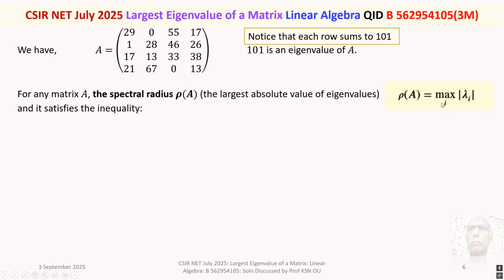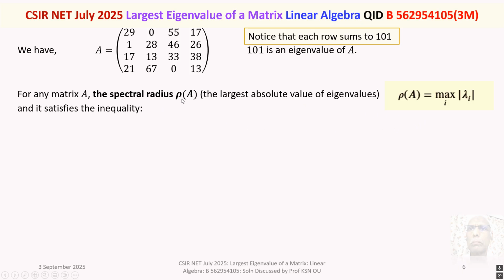That means take all its eigenvalues, take the absolute values of all the eigenvalues, that is mod lambda 1, mod lambda 2, mod lambda 3, mod lambda 4, and take the maximum of all these. That is the spectral radius of A, the largest absolute value of eigenvalues.